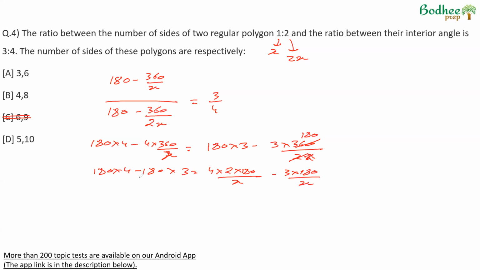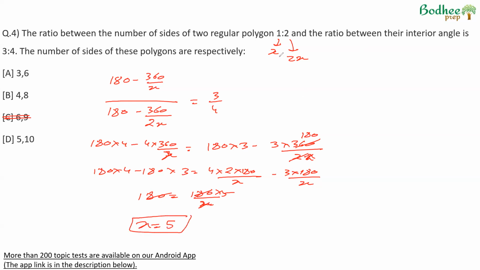So this will become 180 common, 180 is equal to 180 by x common. 4 2s are 8 minus 3, 8 minus 3 is 5. 180 cancels, so x comes out to 5.